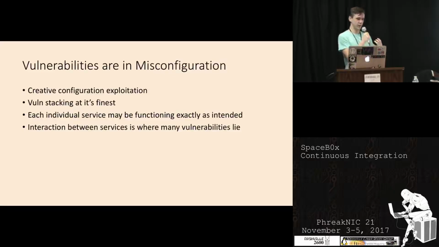So it's not necessarily the individual systems that will be taken advantage of. It's the misconfiguration in the interaction of these systems, which is where most of the vulnerabilities actually lie. In most cases, the services themselves are operating just exactly as they're intended to function.